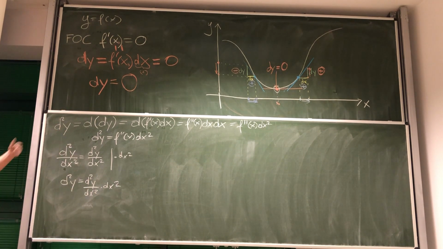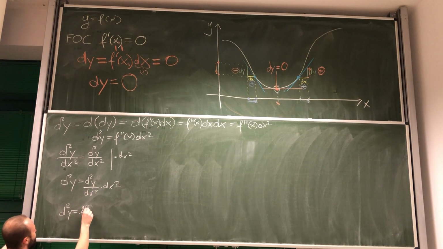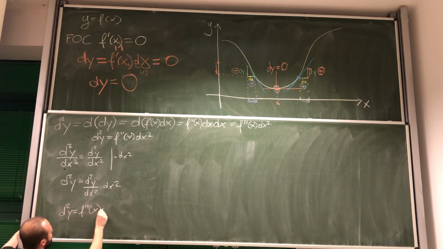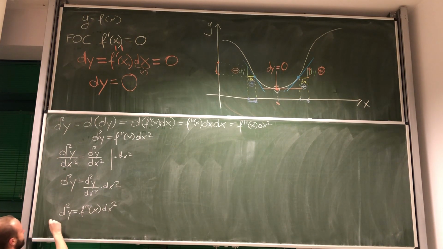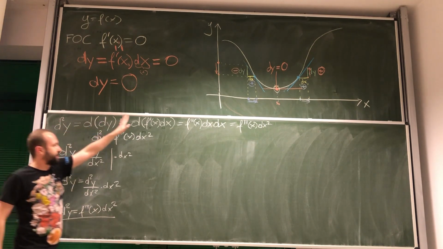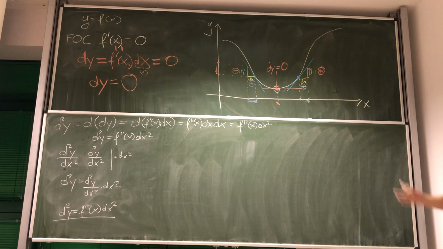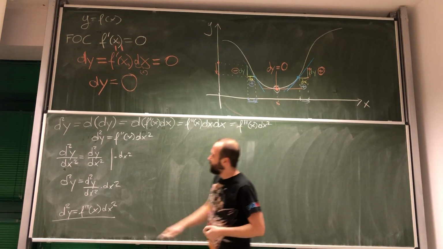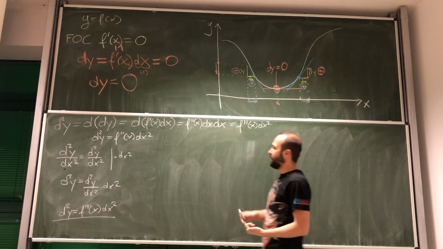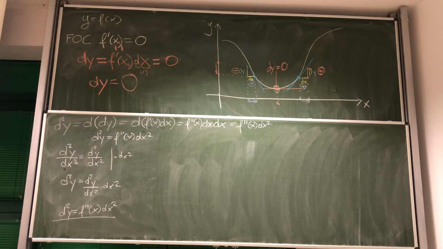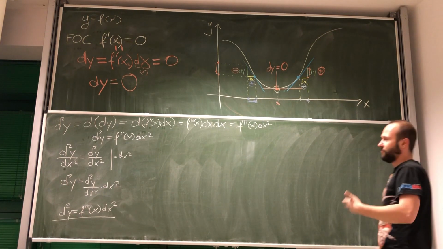But isn't this just the same thing as over here? So d squared y equals f double prime of x dx squared. So look, this is how we approach this when we calculate this. We can also get it again just from the definitions of the derivatives as ratios of differentials.